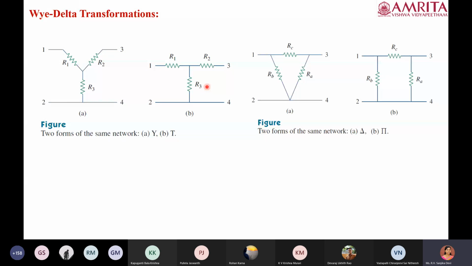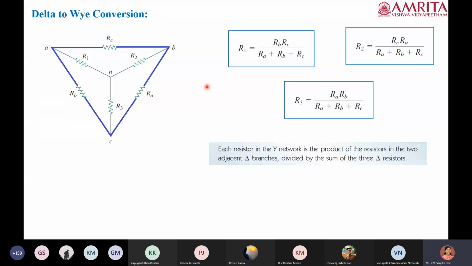First let us see the Y delta transformation. I am not going into detail because this is just a recap of whatever you have already learned, including the formulas. Here, just a minute, it has to be Y to delta first. Yes.